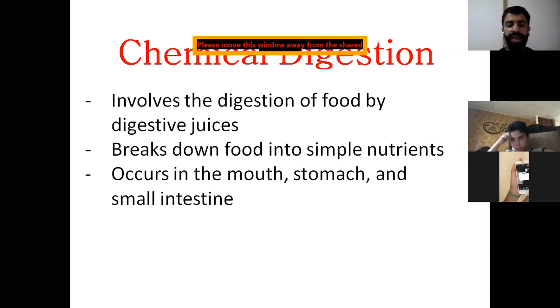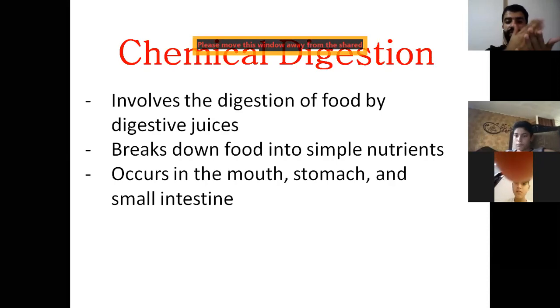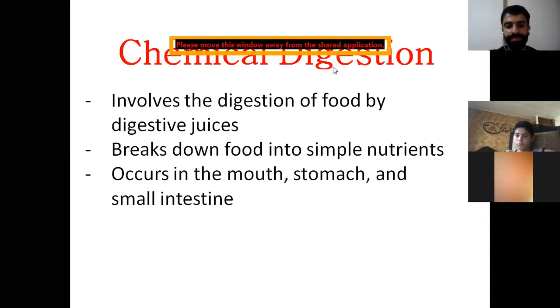Chemical digestion involves the digestion of food with the help of digestive juices. It breaks down food into simple nutrients. It occurs mainly in the mouth, in the stomach, and the small intestine. So let's repeat it. Mechanical digestion cuts the food into smaller pieces, while chemical digestion breaks down the food with the help of digestive juices.